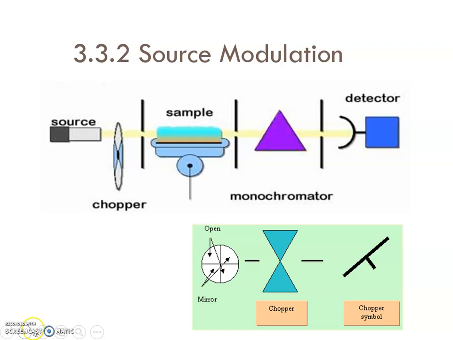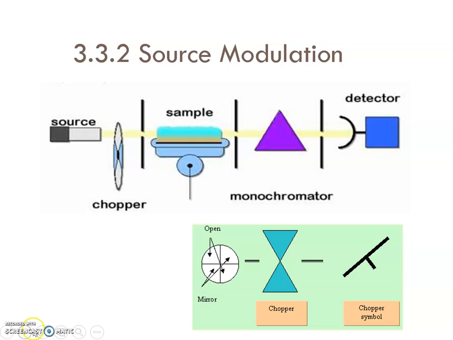If you look at this, this is the radiation beam. This chopper has 4 segments. 2 of them are the transparent part, which allows the radiation to pass through. 2 of them are the opaque or mirror part, which blocks the radiation from the radiation source from passing through and reaching the detector.